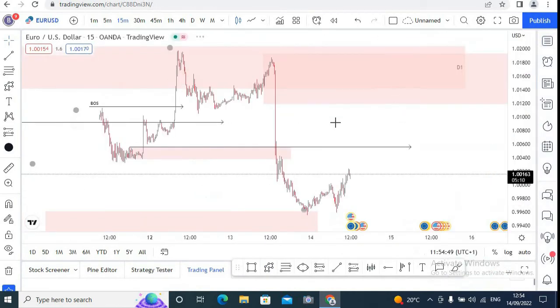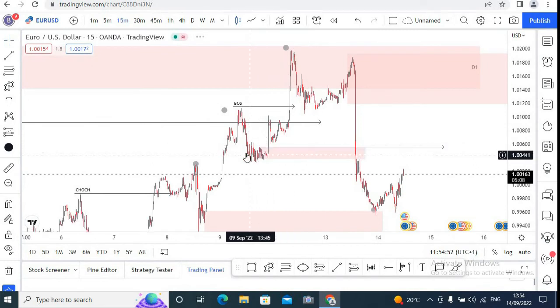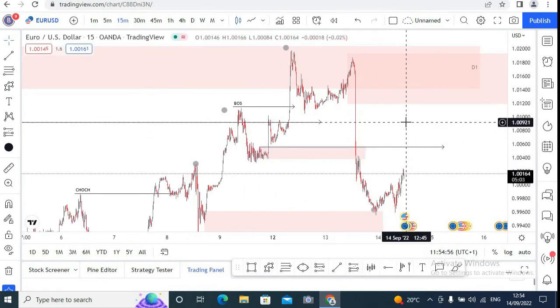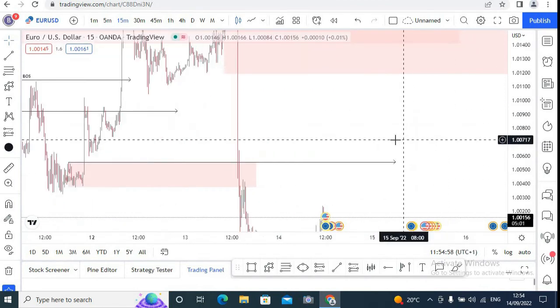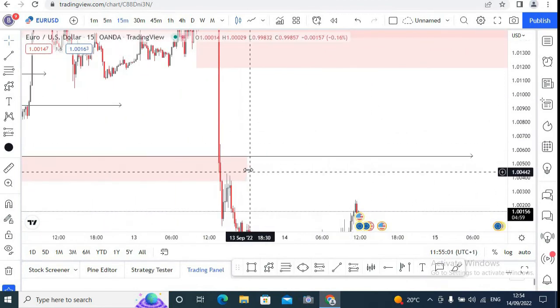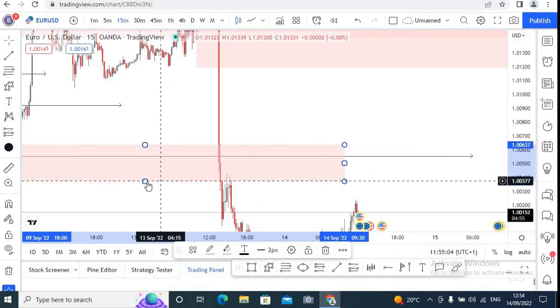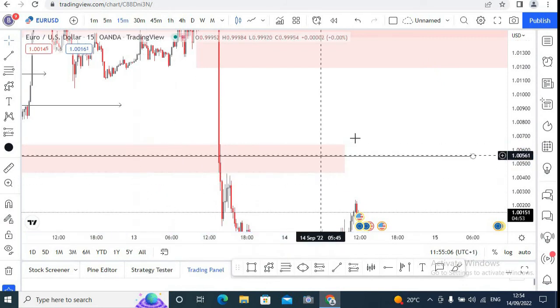And if we come back on euro, you can see we have this failed demand right there, and now it will be a supply zone area. We also have a nice hidden base right here, guys, a nice hidden base week to week right there.